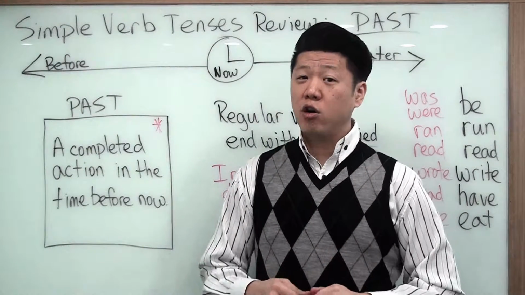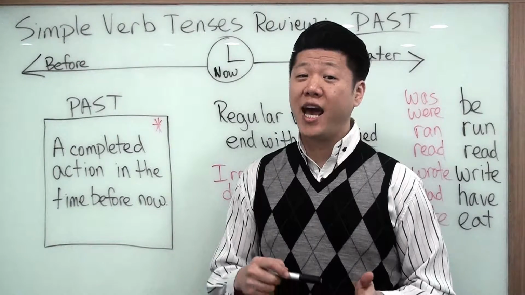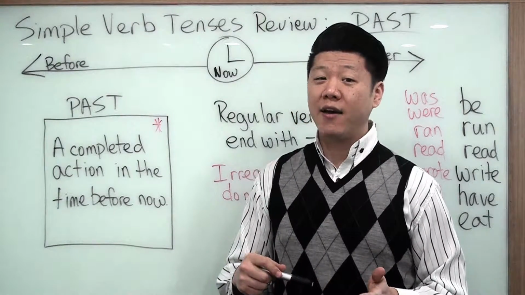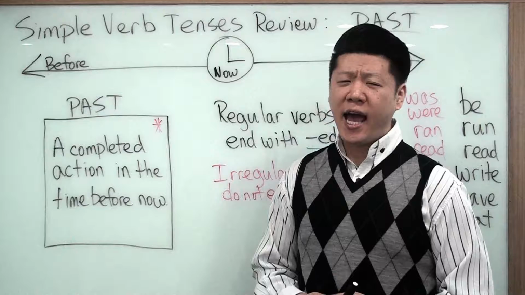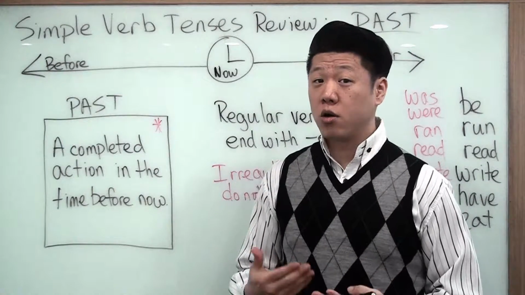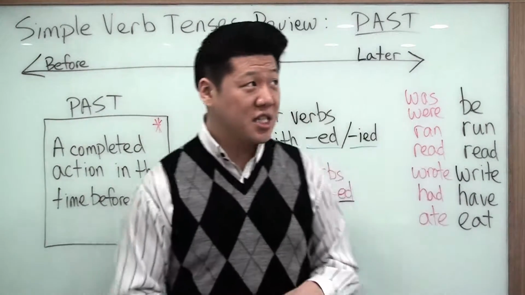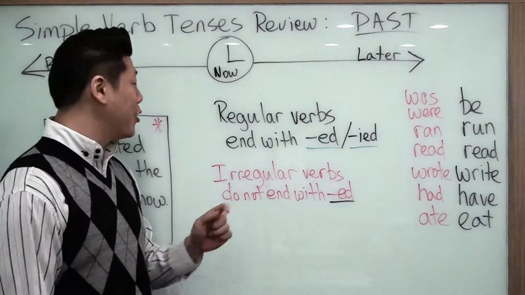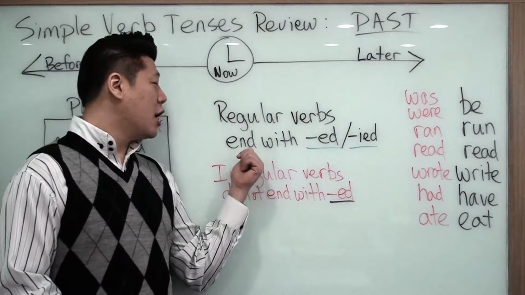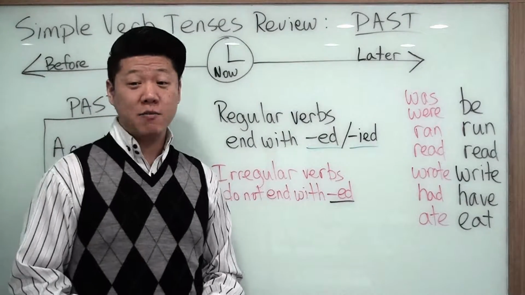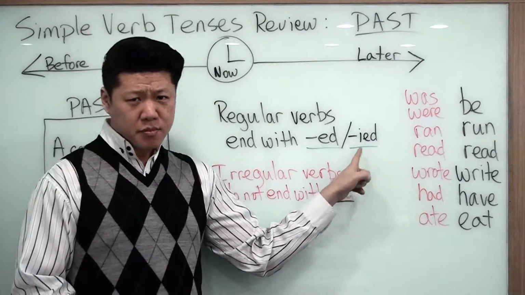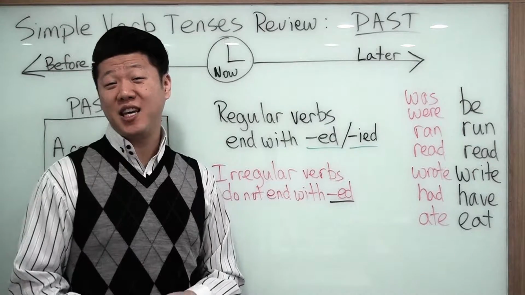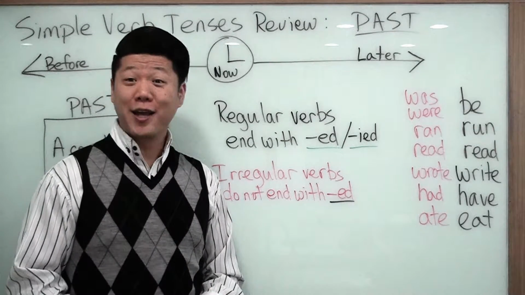Now, when we use verbs in the simple past tense, we have regular verbs and we have irregular verbs. And how do we know if they are regular or irregular? Well, it's a little simple, but there are certain rules to follow. First, for regular verbs, they end with ed or ied. Now, most of the verbs in the English language are actually regular verbs.